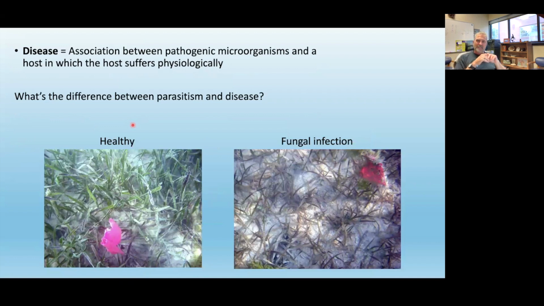Disease is differentiated from parasitism in that typically we're talking about pathogenic organisms in a host in which the host actually suffers physiologically. So where you have a disease, eventually, under most circumstances, that host is going to die back or die altogether as a result of that.